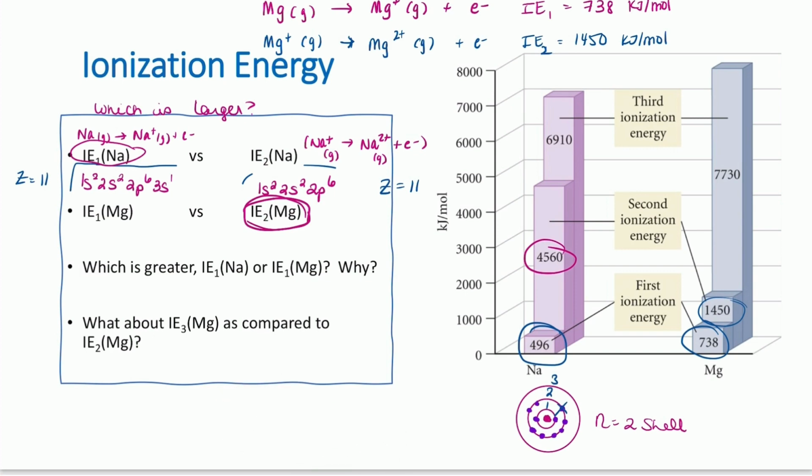You can think about this in terms of electron configuration or atomic orbitals. So let's go ahead and do both. For magnesium, our Z value is equal to 12. Magnesium has 12 protons. Our electron configuration is 1s2, 2s2, 2p6, 3s2.